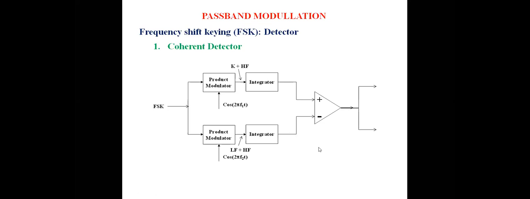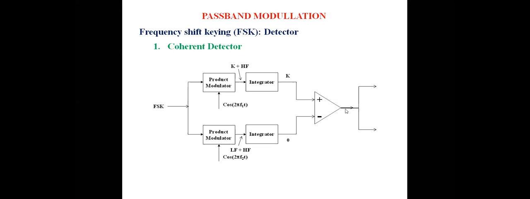The output of this integrator no doubt will be some constant because the high frequency will be removed by the integrator. Then what about the output of this integrator? Both will be removed because both are well far from 0. That's why output is 0. So when this is positive and this is 0, the comparator will find the difference.